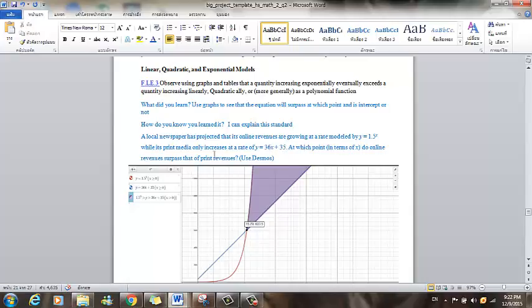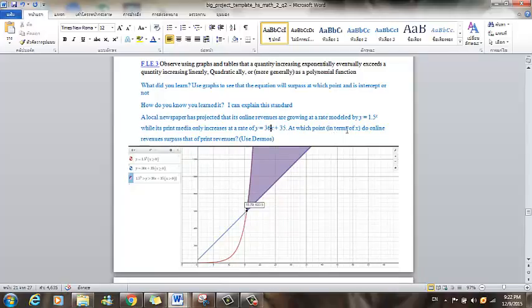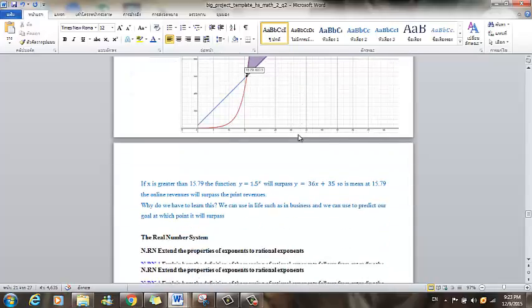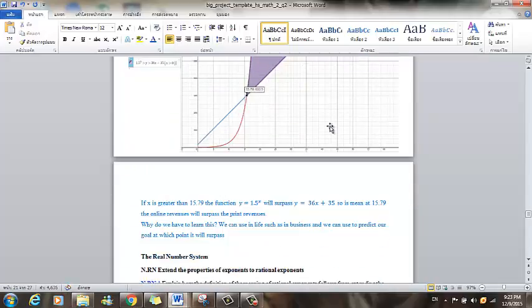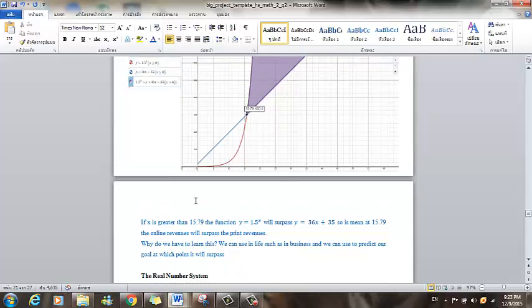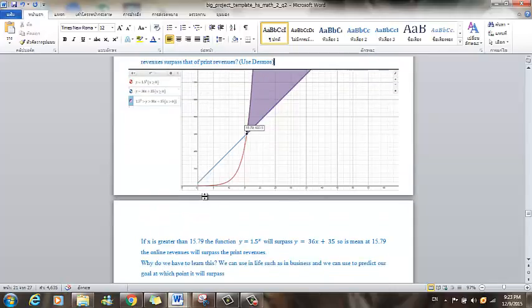At which point in terms of x do online revenues surpass that of print revenues? We can use Desmos to do this standard.